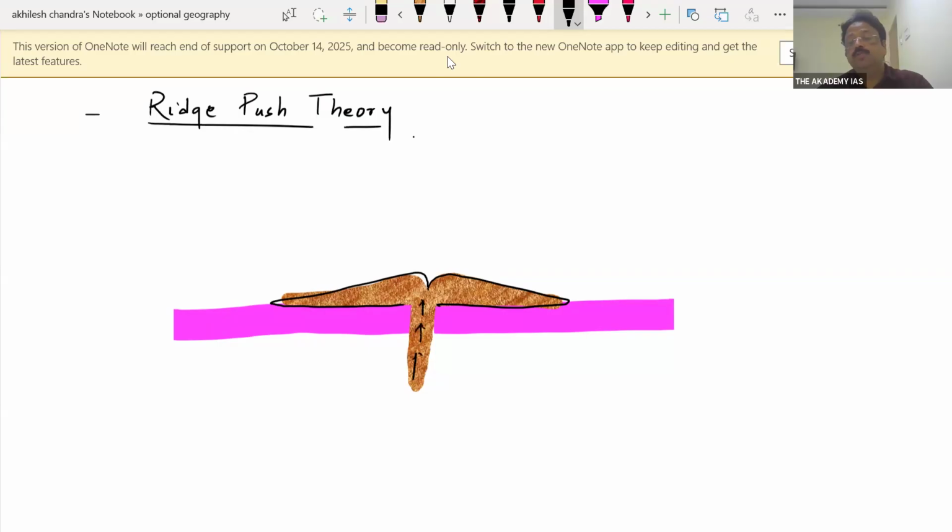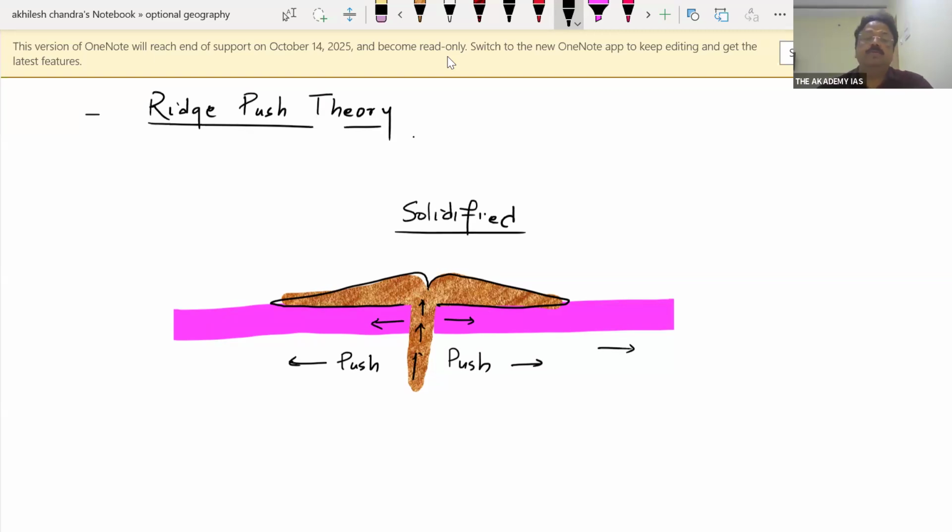And due to this new magma, these crusts are moving apart. So there is a push in both directions exerted by this ridge. So when magma comes out, it gets solidified. Further magma is pushing this ridge apart and hence causing the movement of the crust.